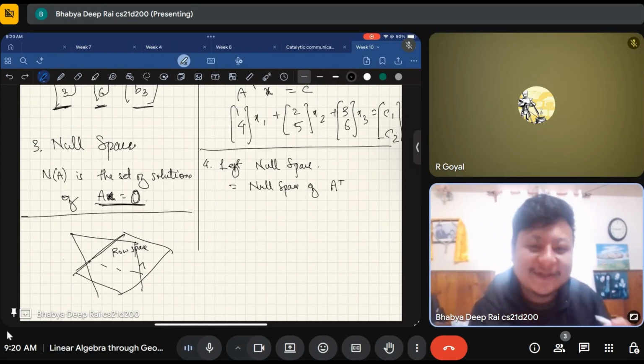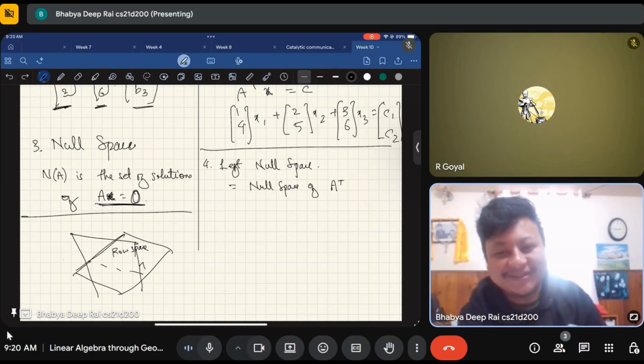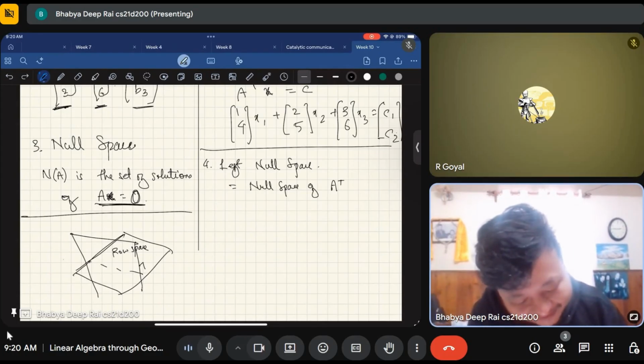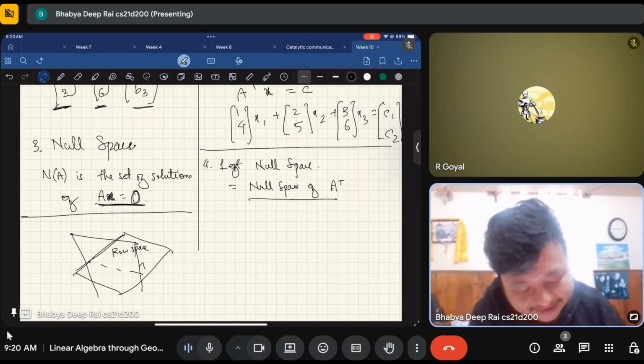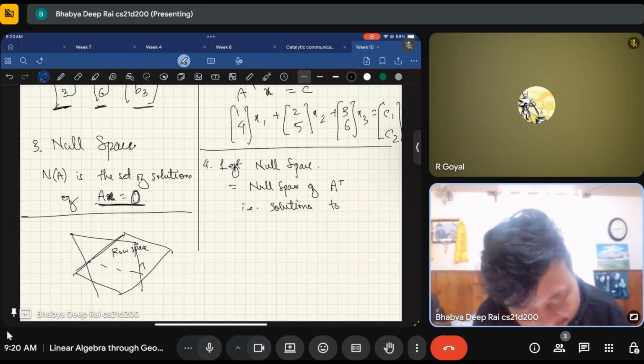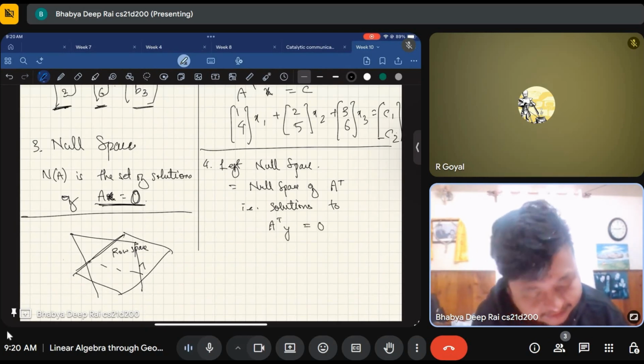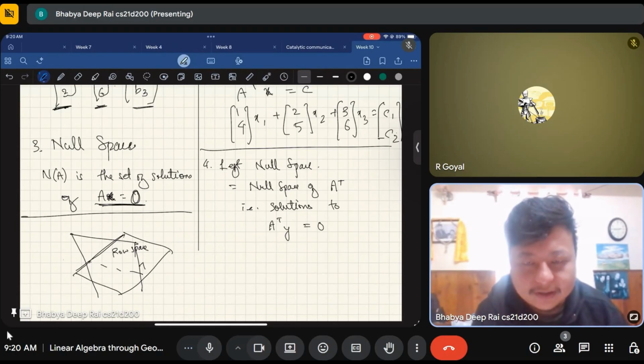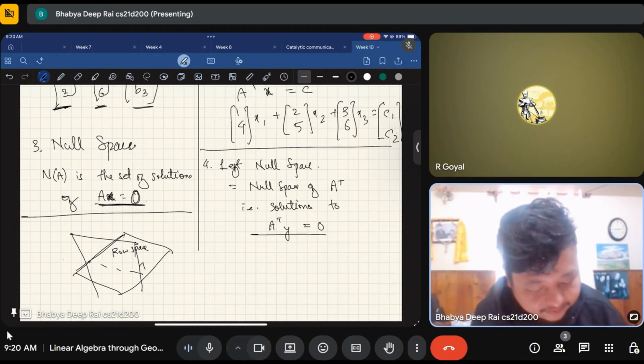So the left null space is just the opposite now. You have the left null space, which is the null space of A transpose, that is, solutions to A transpose y equals 0. We are forcing it to be homogeneous.